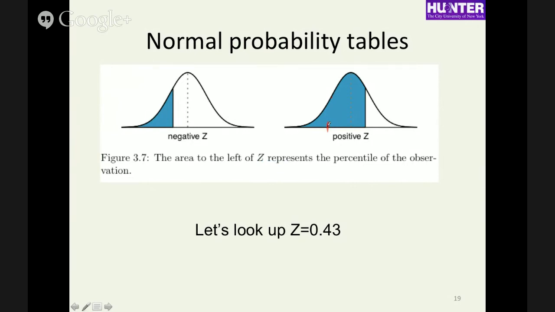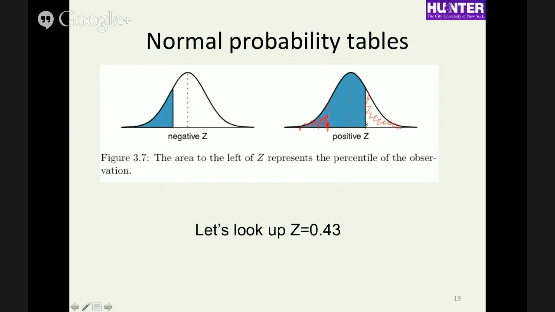Subtract from 1? Yeah, you remember, you take advantage of that property that the normal distribution is symmetric. So the area to the left of here is the same as the area up here.